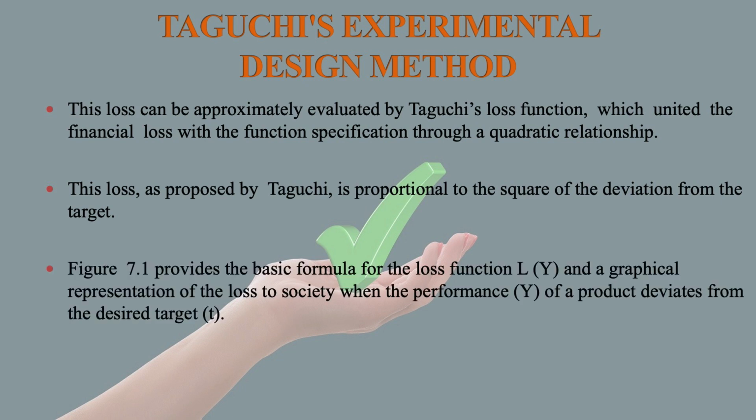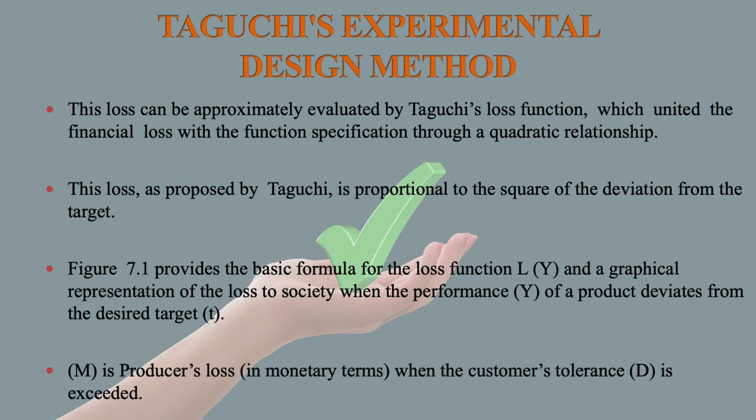Figure 7.1 provides the basic formula for the loss function L, where Y is the performance, and a graphical representation of the loss to society when the performance Y of a product deviates from the desired target T.